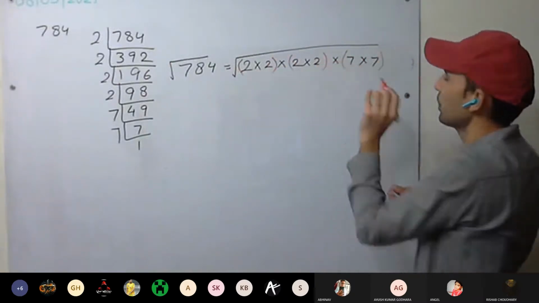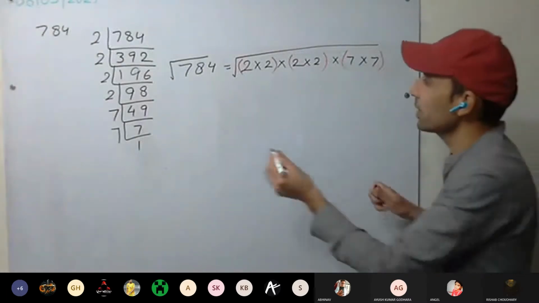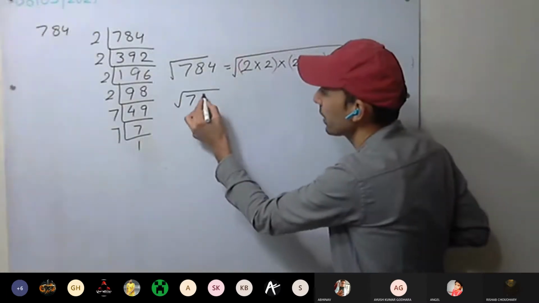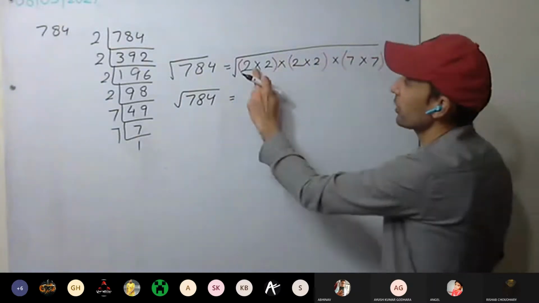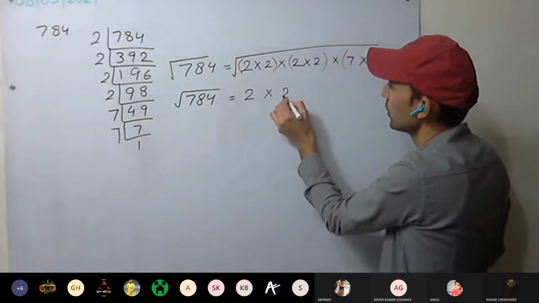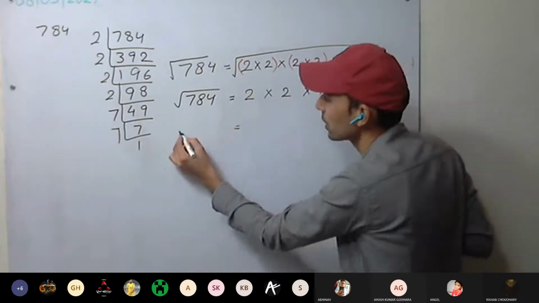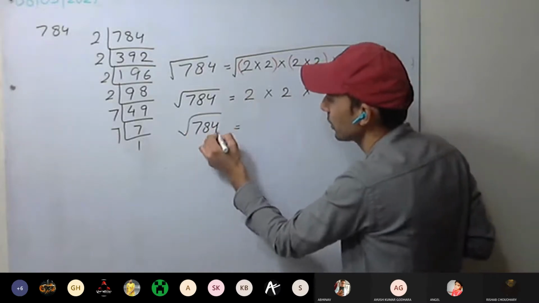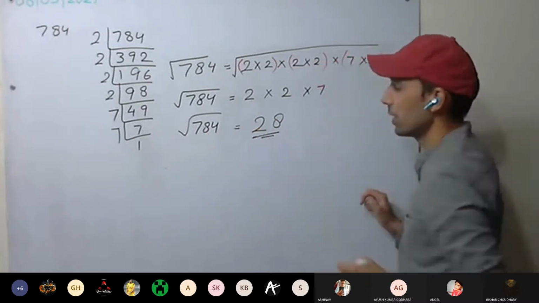Okay, we paired them. Now, next step, we'll be writing root of 784 equal to, from each pair we are taking one out. When we are taking a root, we have removed the root. 2, 2, 7. How much have we got? 428. Understood?